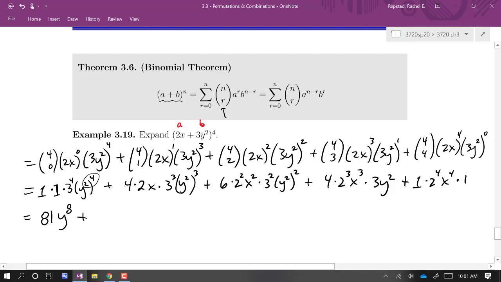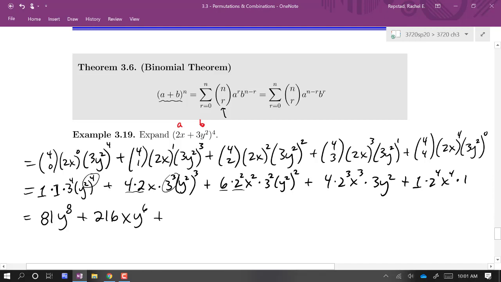And let's see, then we have 8 times 27. It's 216 x y to the 6.